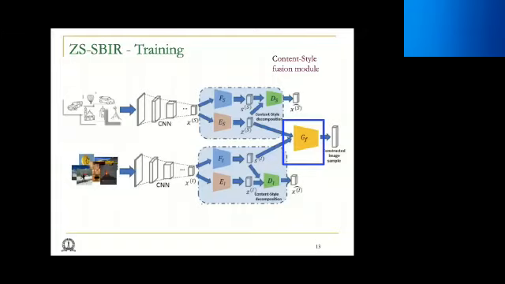Now looking at the entire pipeline, you might wonder that there's really nothing which will help it generalize. Here we do not have any information about the unseen classes, so definitely we cannot use any such information. But what is different between a standard SBIR and a zero-shot SBIR is that you ensure that the embeddings are semantically meaningful.